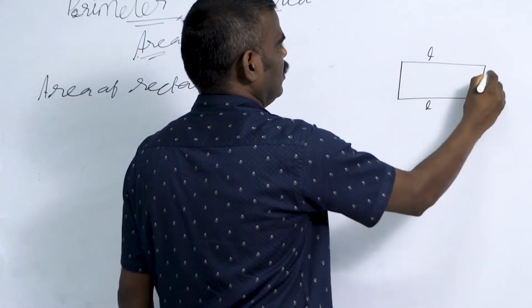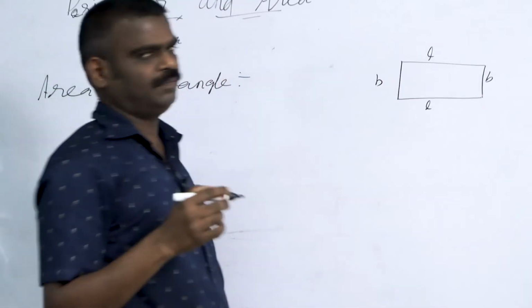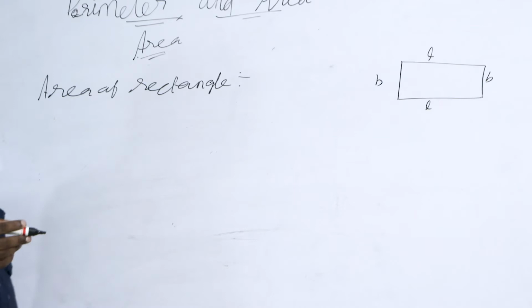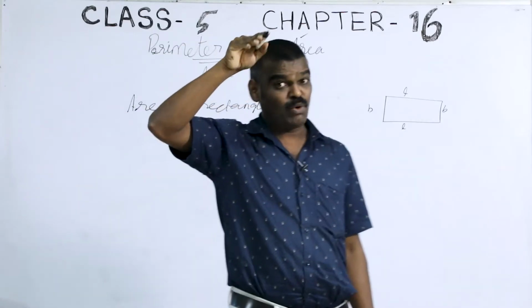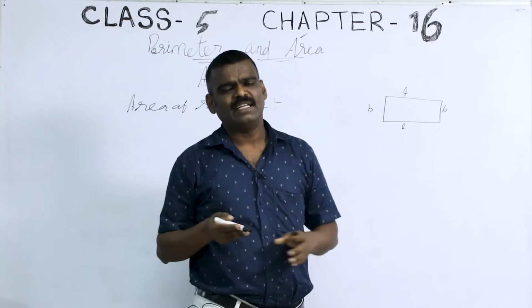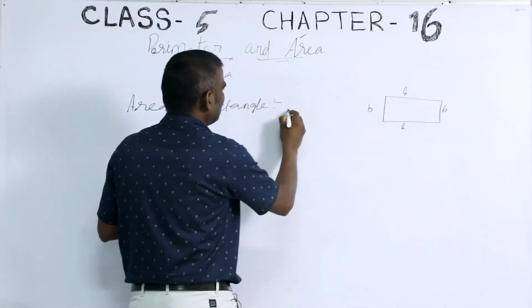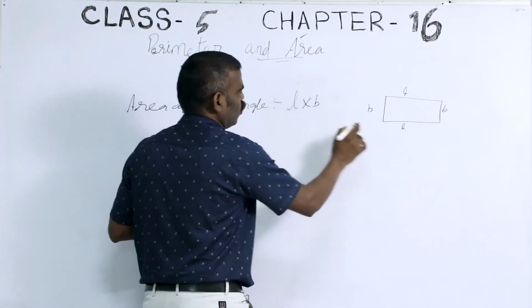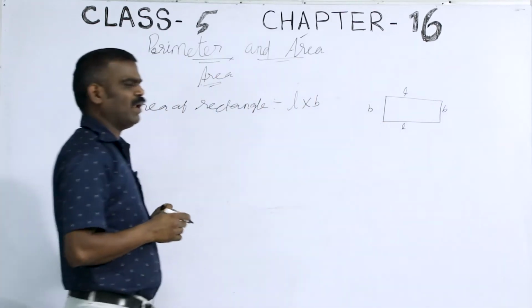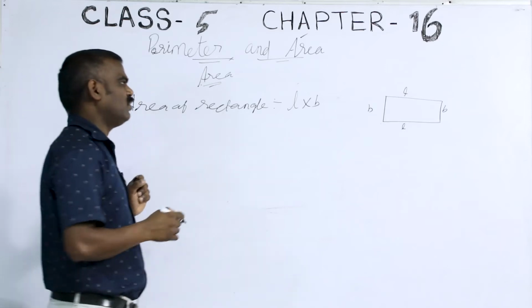Length, breadth. The perimeter of the rectangle we already learned, adding all the sides, that is called perimeter, right? Area is length into breadth. If you multiply one length and one breadth, you will get one number, that is called area.